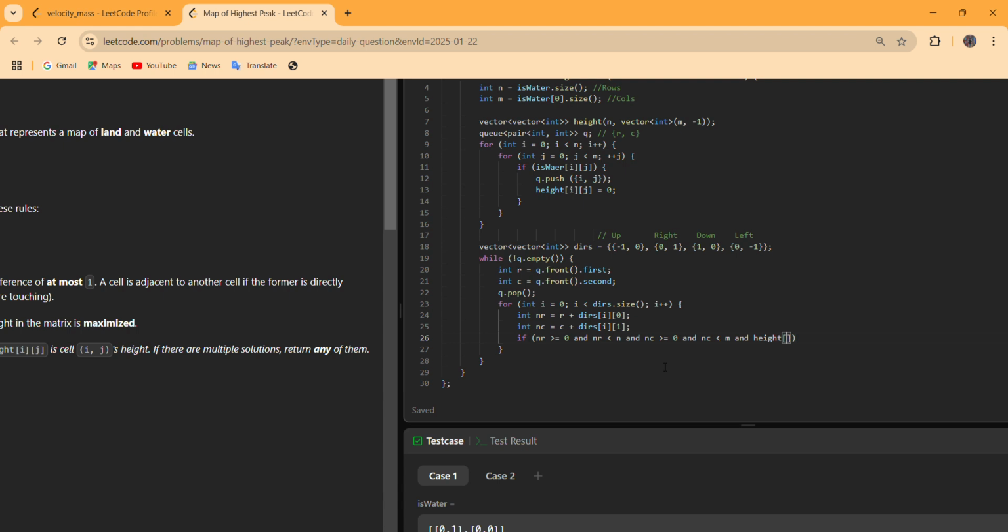If it is already visited, it cannot have -1 in it, but if it has -1, it is not visited yet. Now we have to update our new coordinates in height, which is updated from their adjacent cell plus 1, and we have to push our new coordinates into the queue as well.